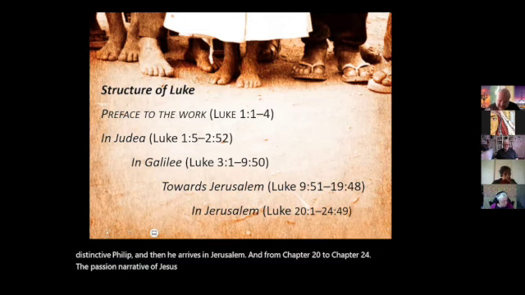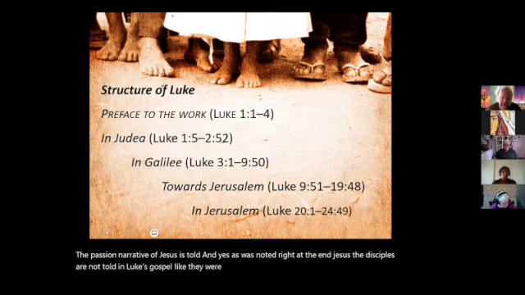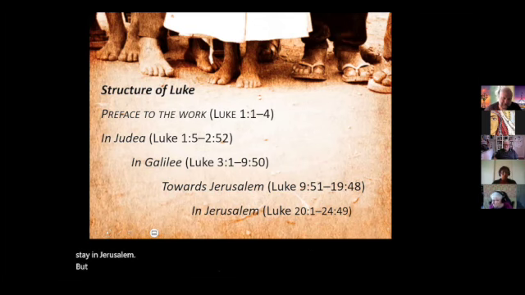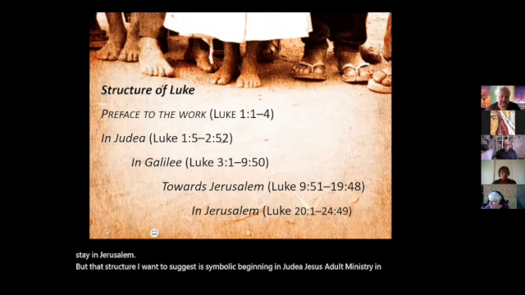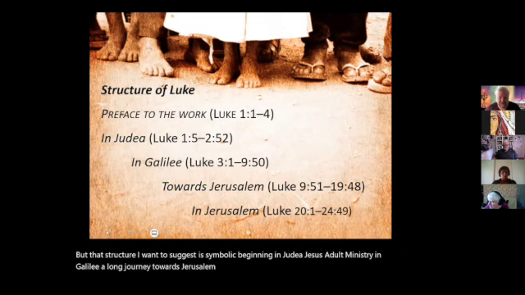And yes, as was noted, right at the end, the disciples are not told in Luke's Gospel like they were in Mark and Matthew to go to Galilee. They're told to stay in Jerusalem. But that structure, I want to suggest, is symbolic.